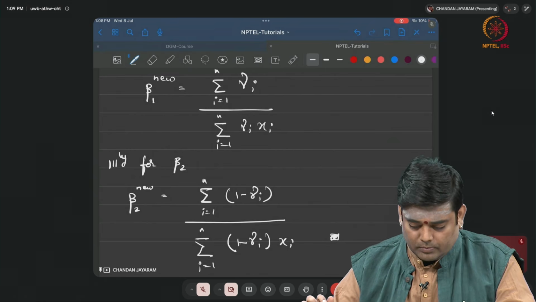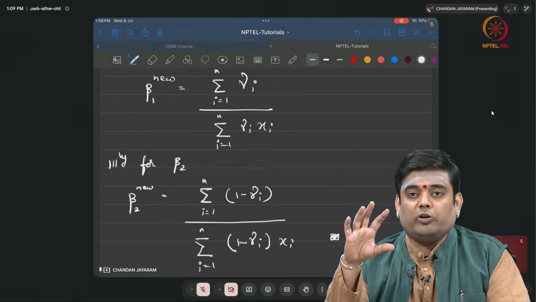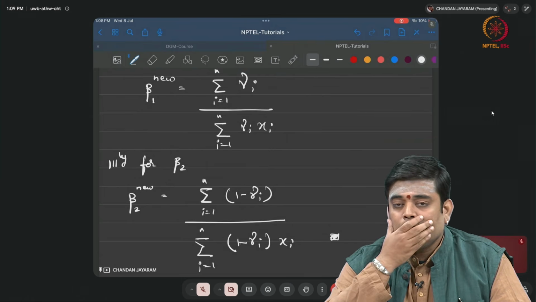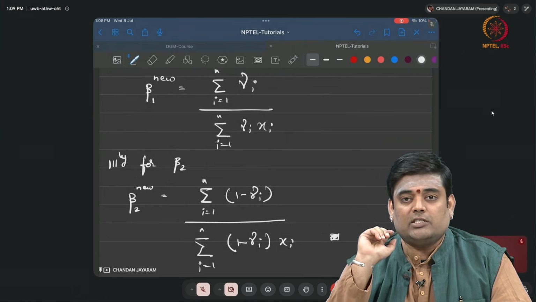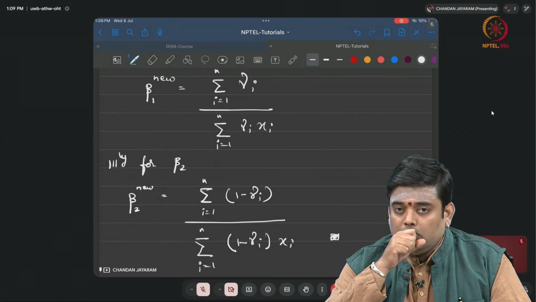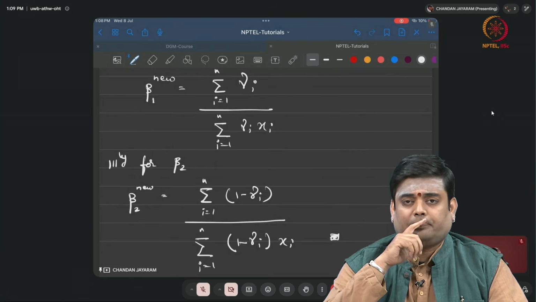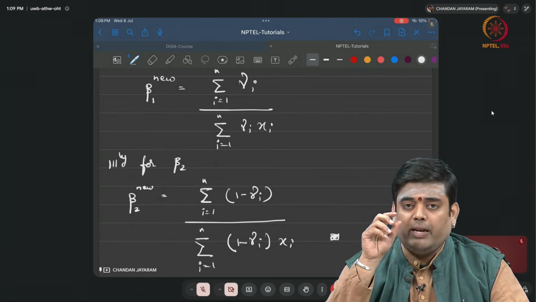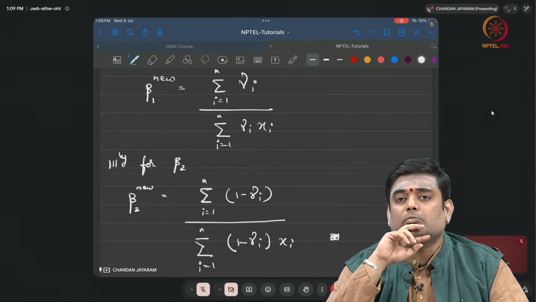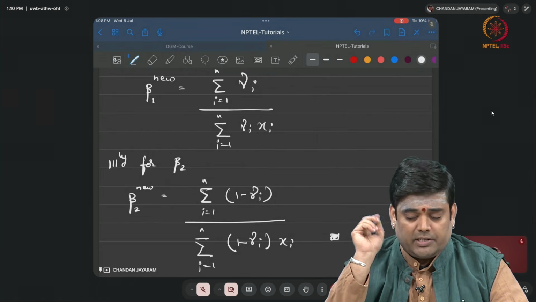Now this section of the tutorial we will stop at this point. In it we saw how you can solve in terms of MLE and in terms of expectation maximization.